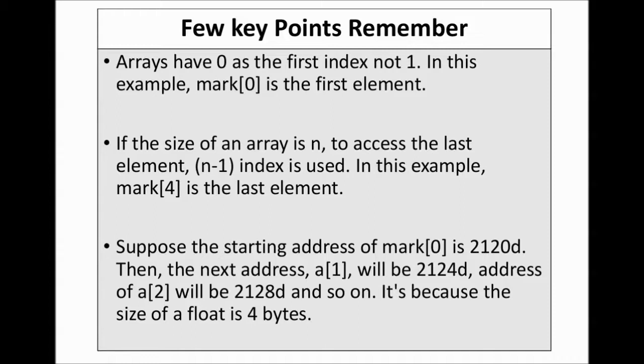In this example, marks[4] is the last element. Suppose the starting address of marks[0] is 2120D, then the next address, of marks[1], will be 2124D, the address of marks[2] will be 2128D, and so on.